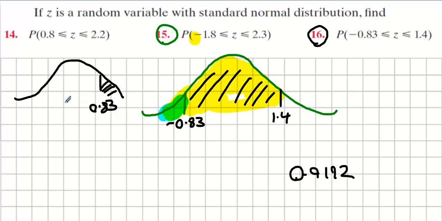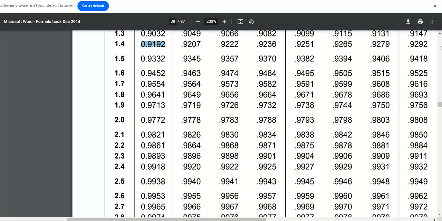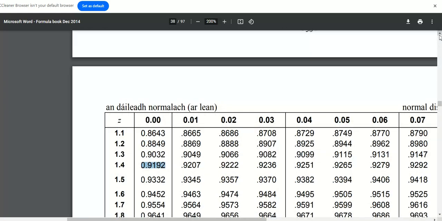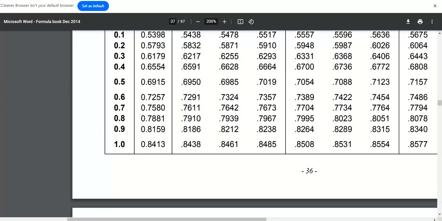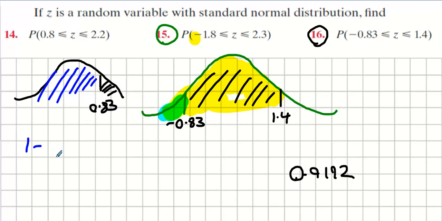So I go to my calculator and I try and find out what the blue region here is. It's 1 take away a Z score of 0.83. So where's 0.83? And who got this here? 0.7967. Okay. Now, 1 take away 0.7967. And what do we get?